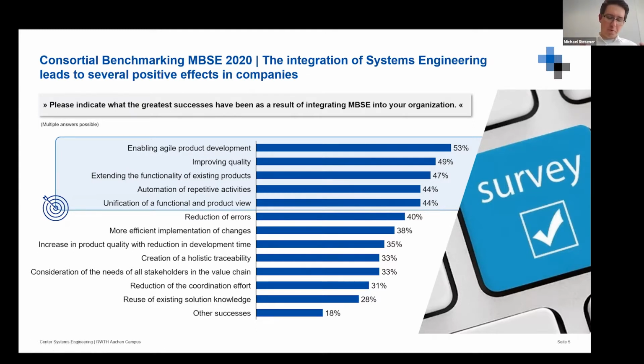You can understand it from that perspective: if you want to be agile, then it's not necessarily the main task to bring task boards and daily agile scrums, whatever meetings, to the place, but to enable product development by technical solutions and by reviewing different iterative solutions. And the second one, improving quality at a very early time in the process, and the automation of repetitive activities and the unification of a functional and product view. I think these were all the answers that were also given by you.